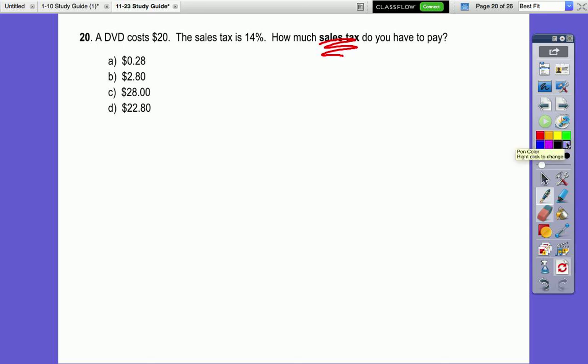So in order to calculate sales tax, the only thing that we're doing different here is that we're not going to add it back to the original cost. So you're going to put the tax rate times the cost.